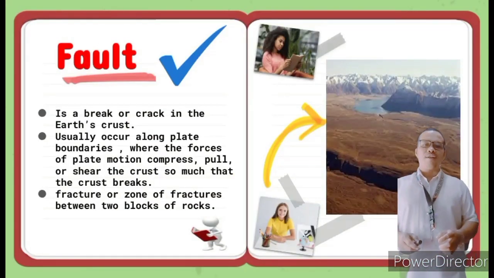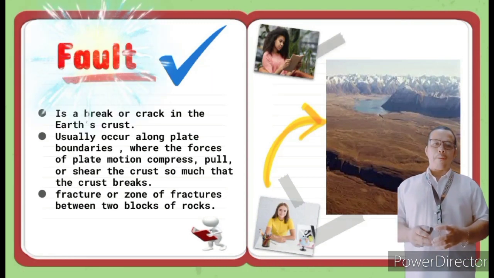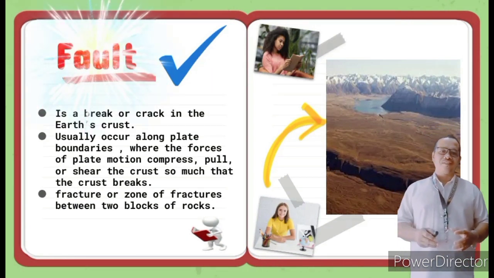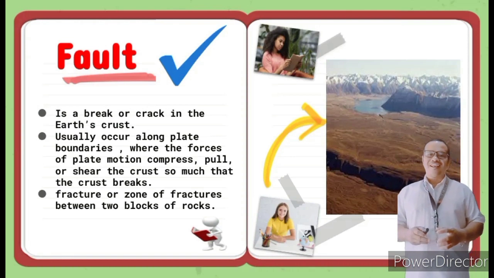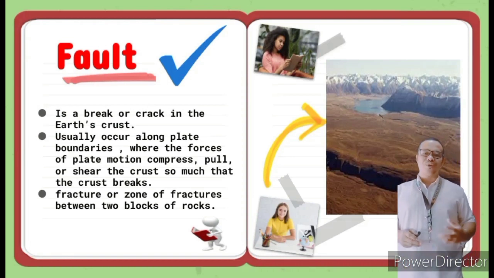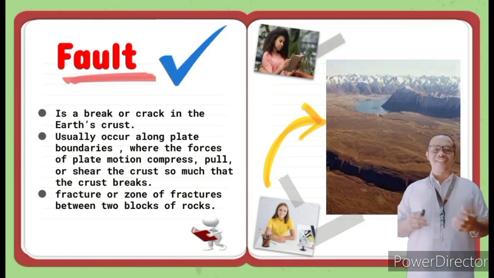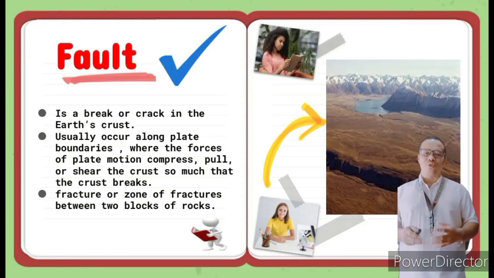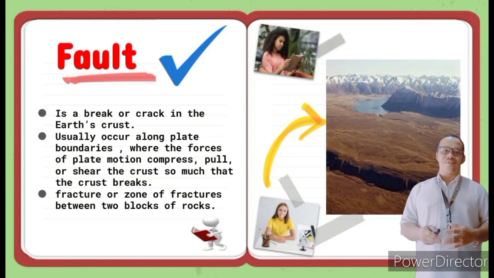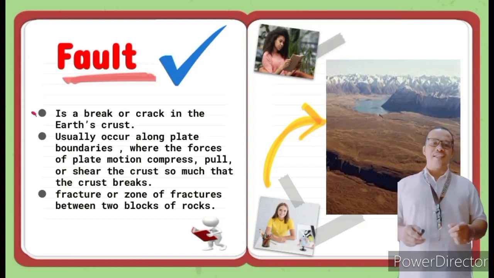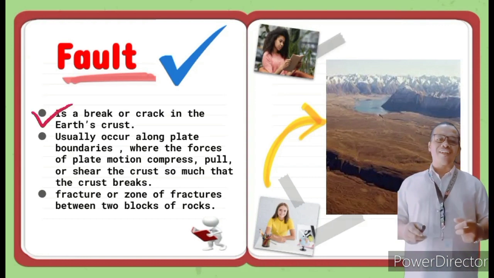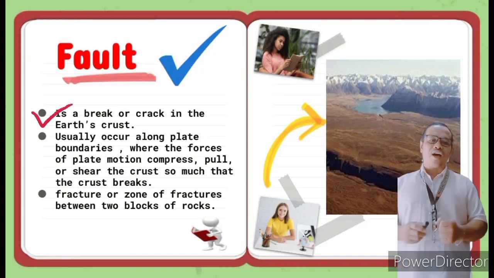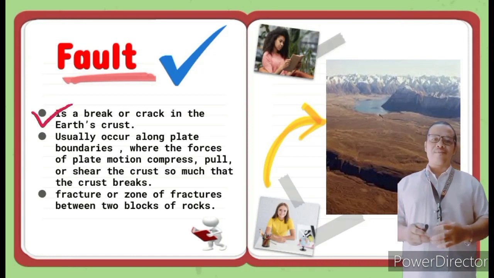The second one is fault. What do you mean by fault? Literally, it is what you have done wrong to your classmates, to your brother and sister. In science, there is also a definition. When we say fault in science, it is a break or crack in the earth's crust.